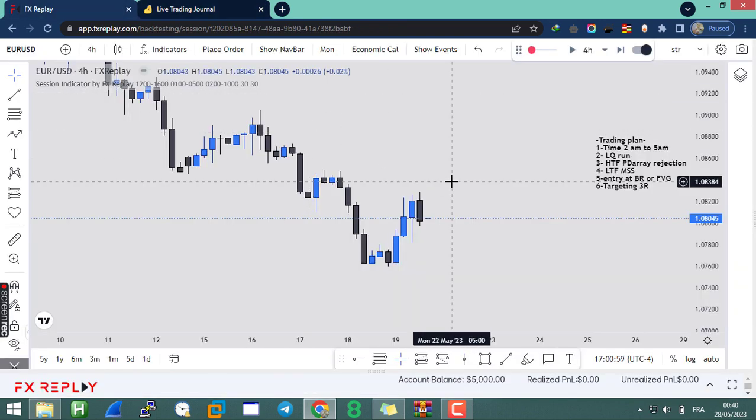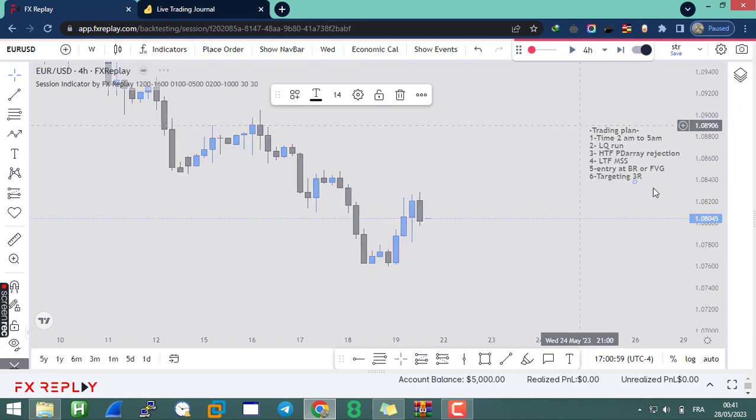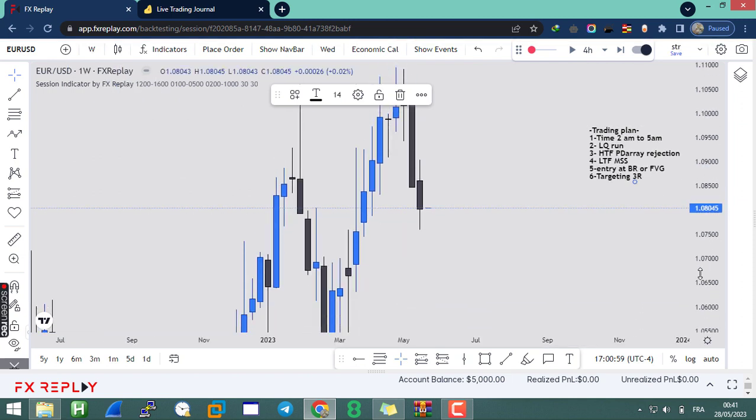So basically, this strategy doesn't require a daily bias, but I feel comfortable looking at the higher time frames. So let's just do it on the weekly. Let's go on the daily.